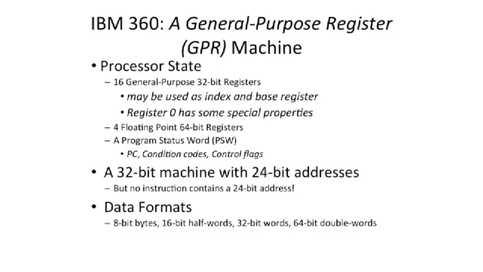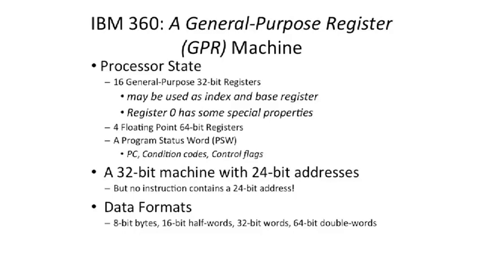So the IBM 360 is a general purpose register machine, and we'll talk more about that later in this lecture. But to give you an idea, this is what the programmer saw or what the software system saw. This isn't what was actually built in the hardware, because that would be a microarchitecture constraint. But the processor state had 16 general purpose 32-bit registers. It had 4 floating point registers.